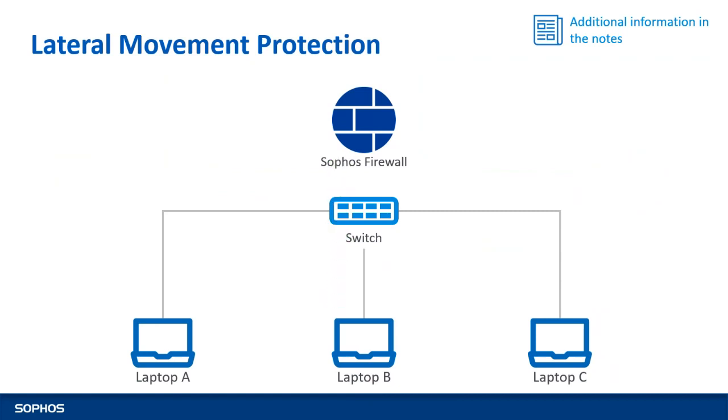Computers in this section of the network can communicate with each other without traffic passing through Sophos Firewall. In this scenario, when the firewall receives a red health status for laptop B, here in the center, okay, it shares laptop B's MAC address with all the endpoints it has a heartbeat with.